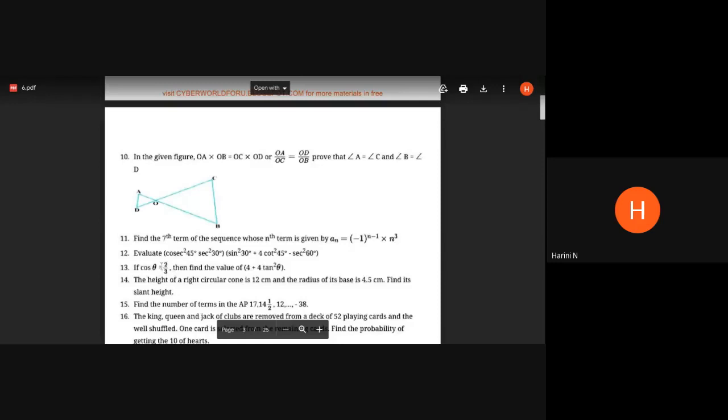Because your cos theta is given as 2 by 3, you can write it as 2k by 3k, because we don't know absolutely whether they are 2 and 3. They are in the given ratio 2 by 3. So you will take the adjacent side as 2k and the hypotenuse as 3k in a right triangle. Have you drawn the right triangle?